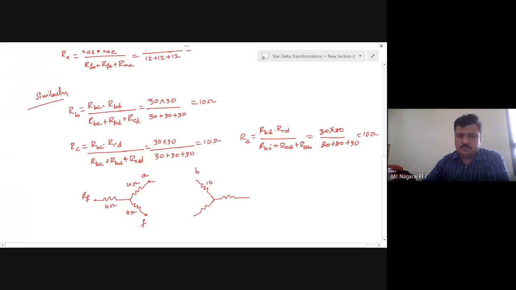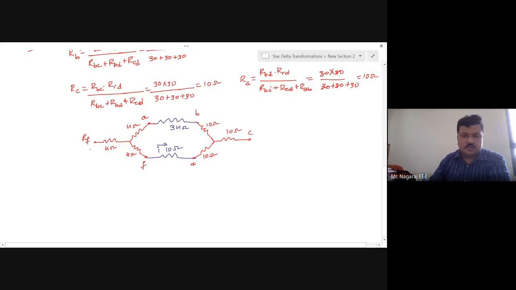This is B 10 ohm, this is C 10 ohm, and this is D 10 ohm. And I will keep this original in the same color, just to recognize. That's it. 34 ohms and 10 ohms. So this is the current where I want to find. Then the remaining circuit will remain the same.